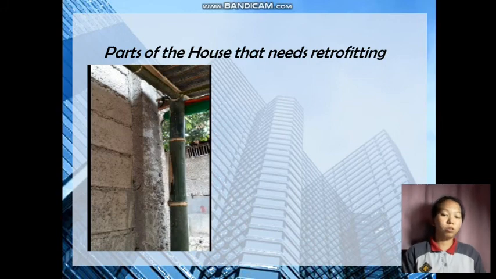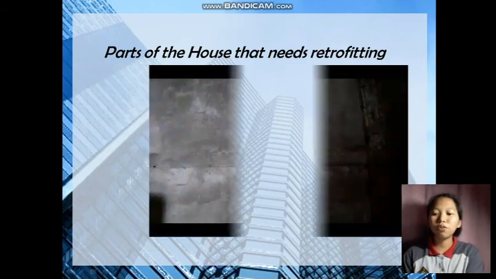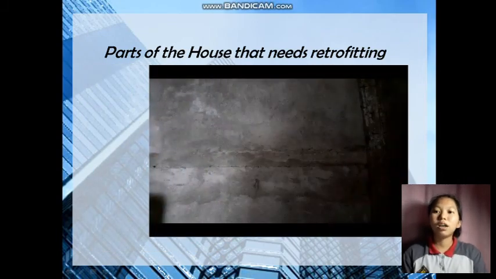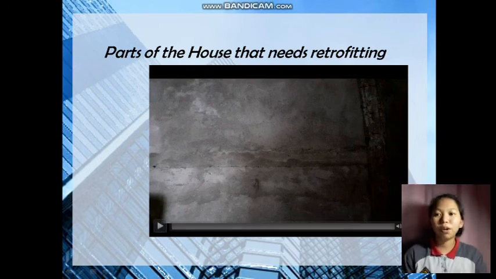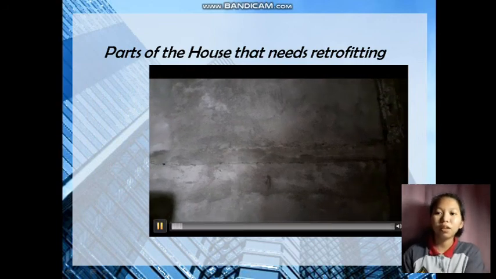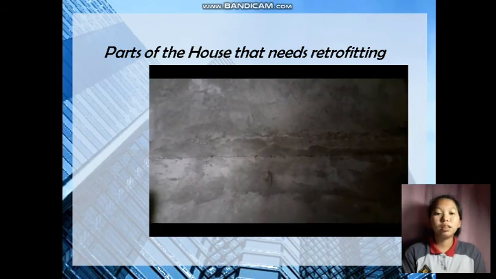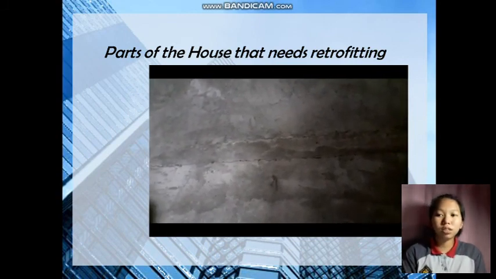And then for the next part of our house that needs retrofitting is our wall. This is in the kitchen part. So again, you could see in the video the cracks.